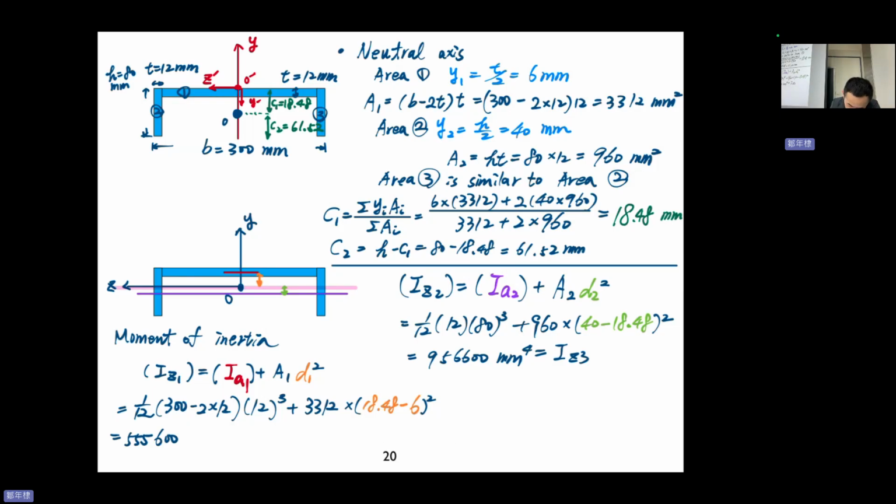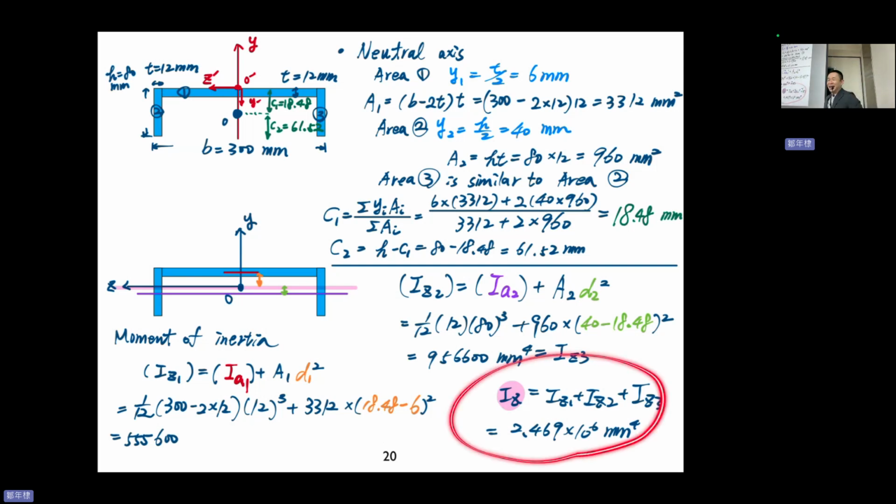So the total IZ for the pink axis equal to IZ1 plus IZ2 plus IZ3 and equal to 2.469 times 10 to 6 millimeter 4. Okay. Again, we spend so much time and then we obtain IZ.